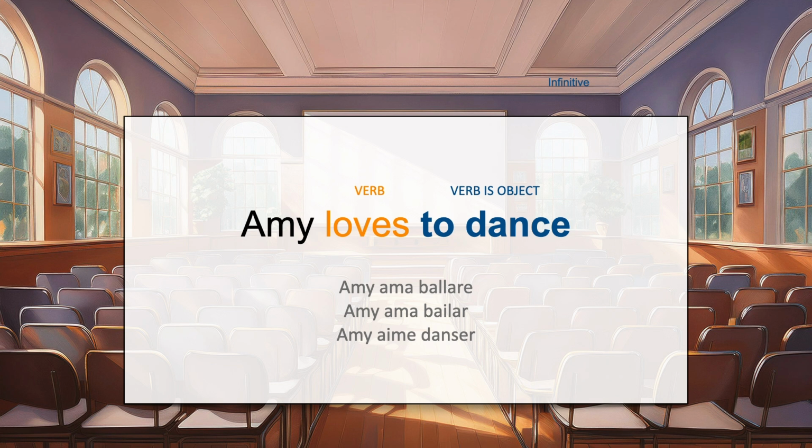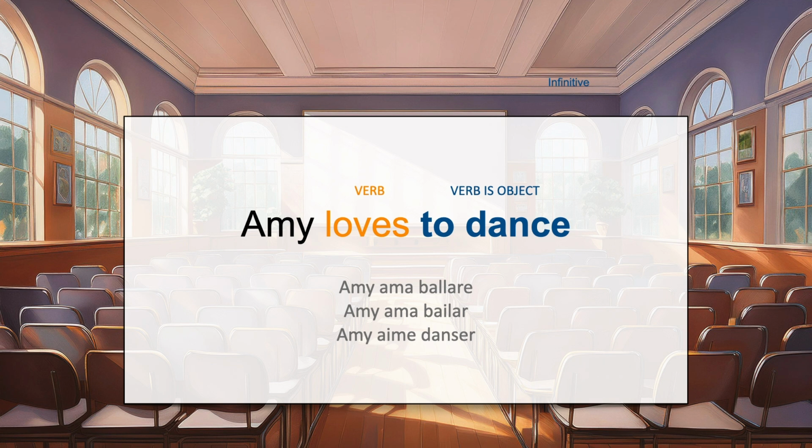Amy loves to dance. Do you remember the previous lesson on gerunds? If you do, then how would you say this sentence using the verb as a gerund? Amy loves dancing. That's right. Add ing to the end of the verb.